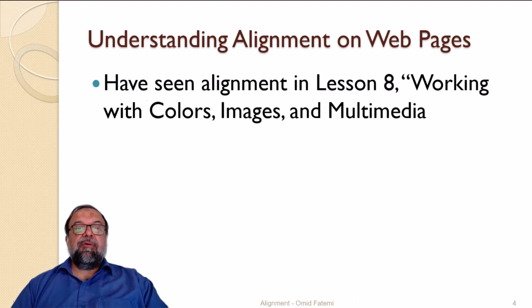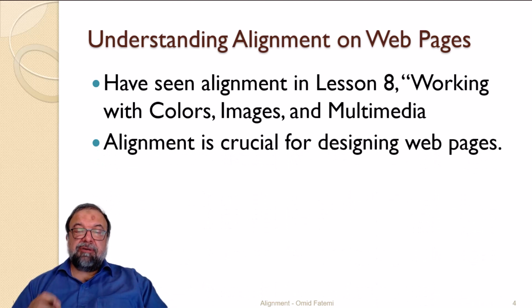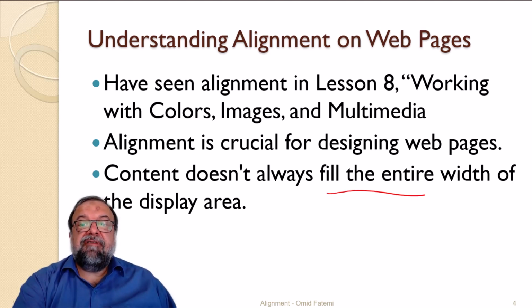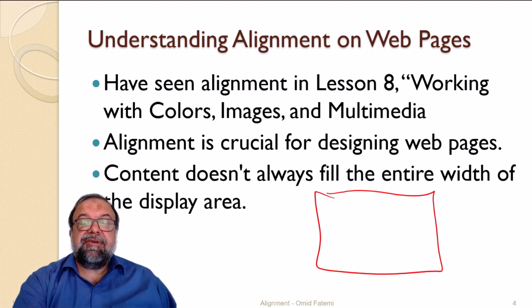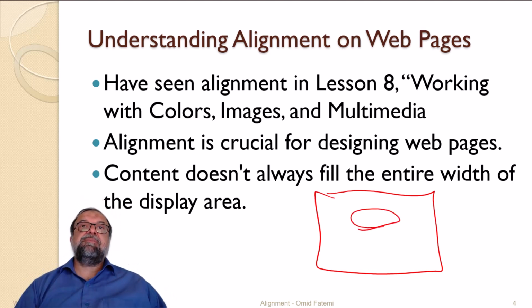Alignment is very important. We have talked about it before in lesson 8 when we were talking about images, colors, but again here we are going to talk about it because of its importance, and it has a very crucial role in web design, because every time you have a web page, the material might not fill the entire width of the display area.